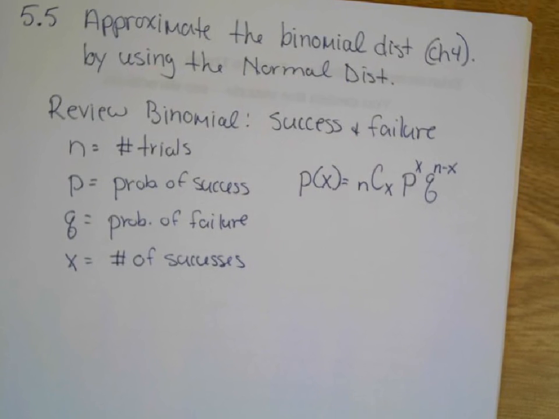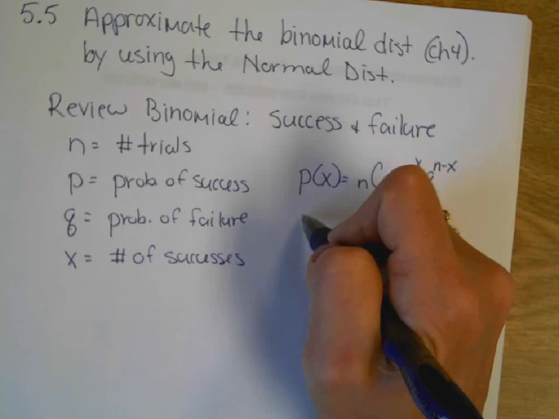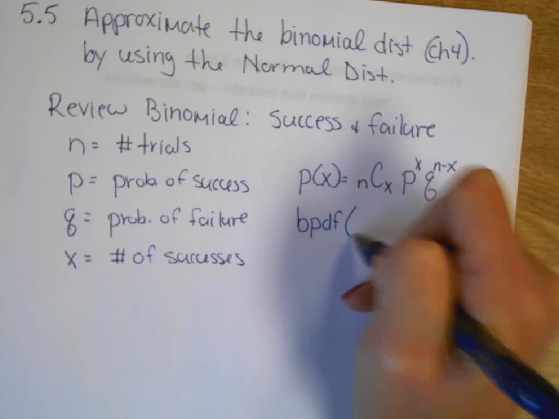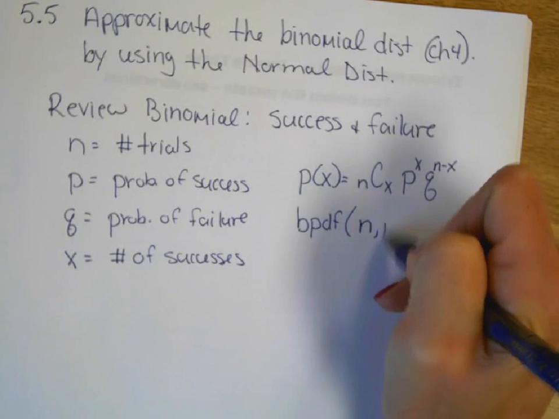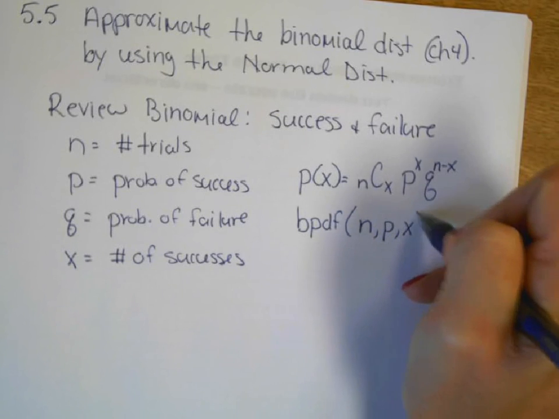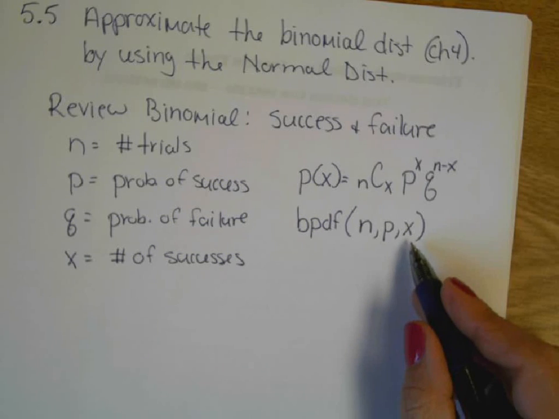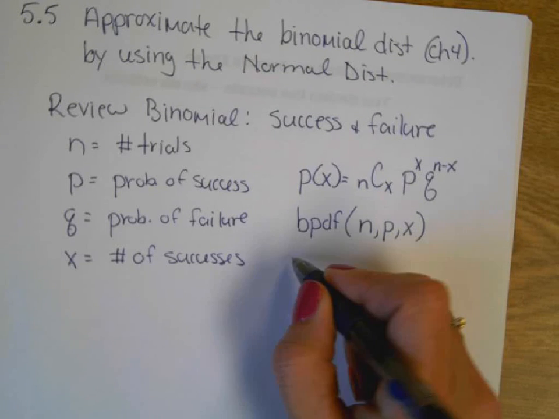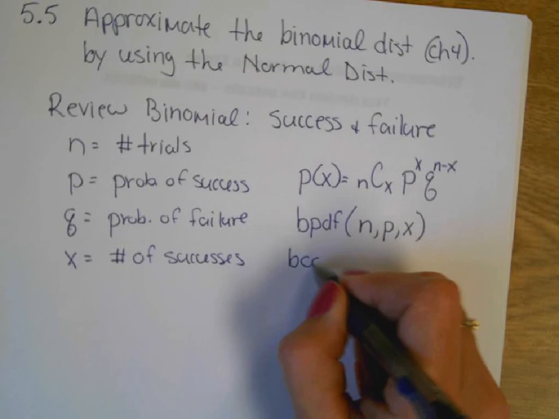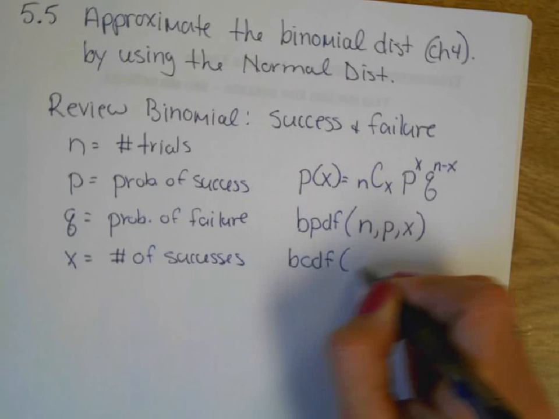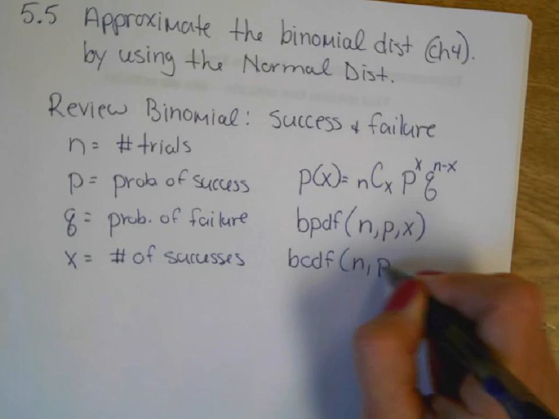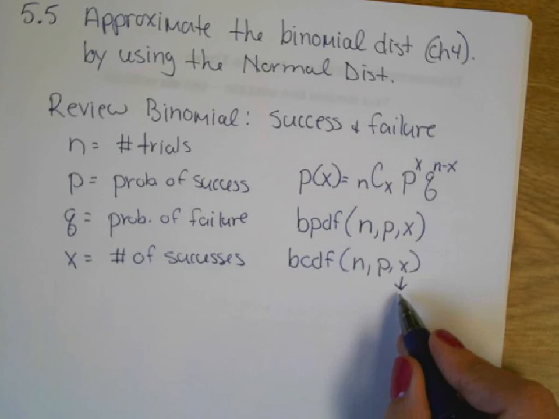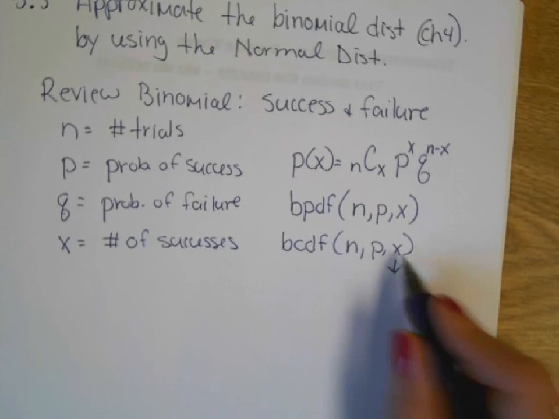And then we did do it with technology, and I'll review that real quick. We had the binom PDF, where you fed it n, p, and x, and this would give the probability of just x successes. And then the binom CDF, if you fed it n, p, and x, would add the probability starting from 0 all the way through whatever x number you put in.